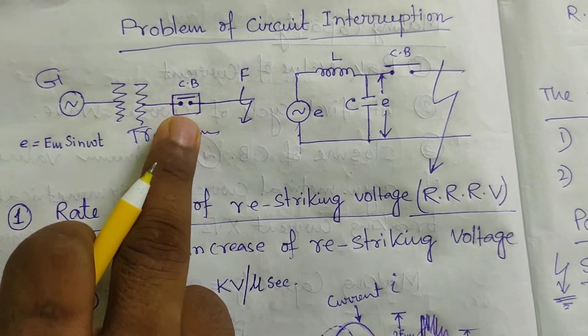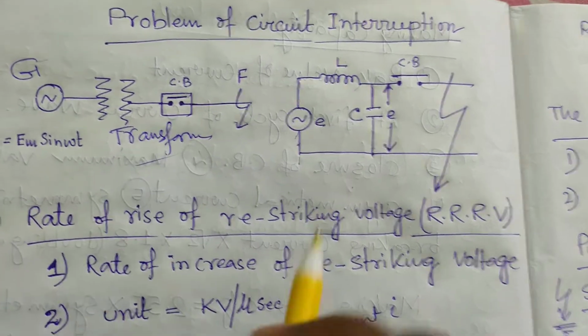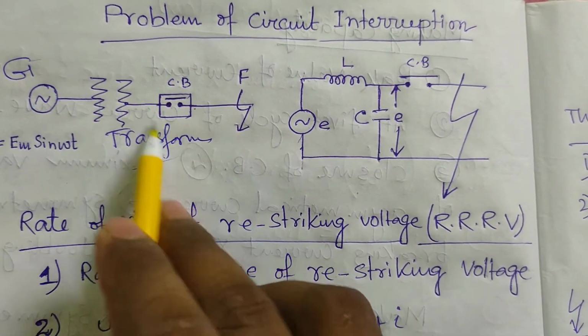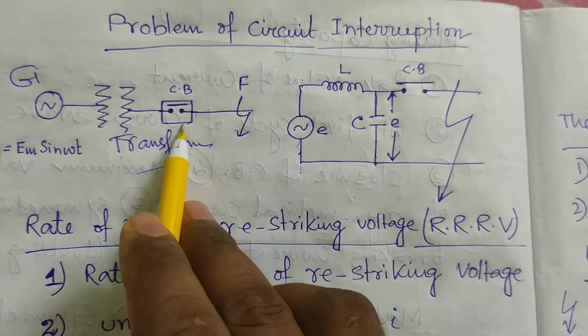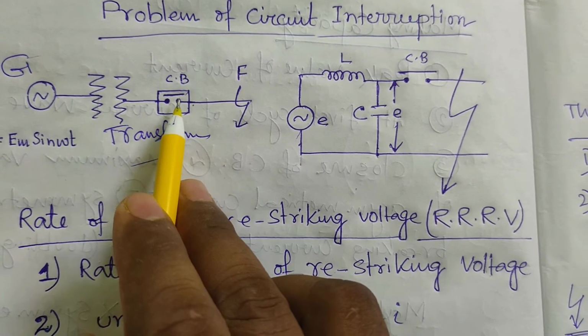Suppose, just for example and for your understanding, friends, this is a substation and this circuit breaker is used at the substation for circuit interruption or current interruption.